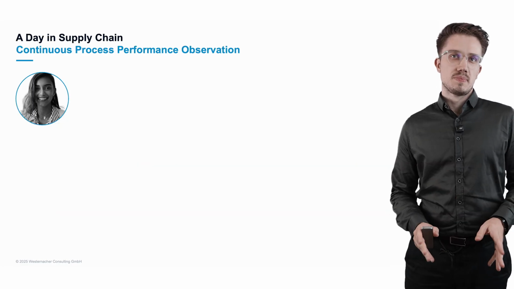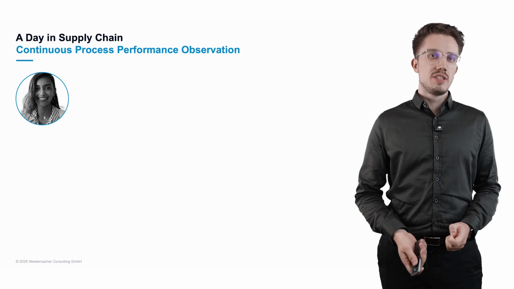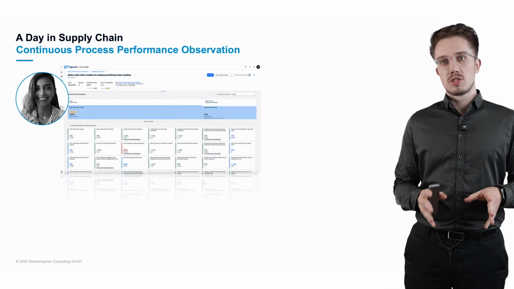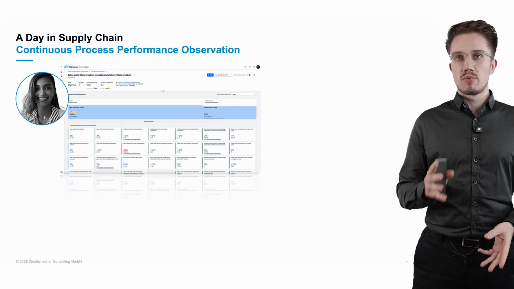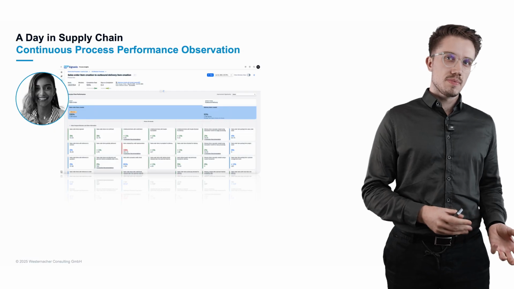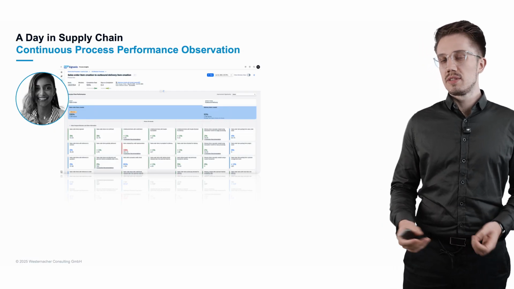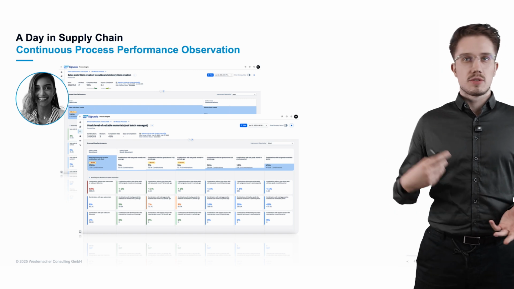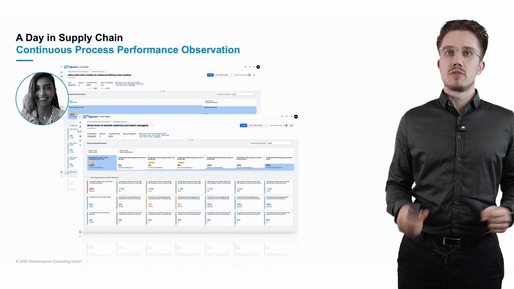To meet her goals, Jean is continuously observing her supply chain process performance. For this, she uses SAP Signavio Process Insights, with dashboards observing her key process flows, her metrics, her KPIs, and her graphs. And keeping track of stock movement, stock levels, over and under stocking.